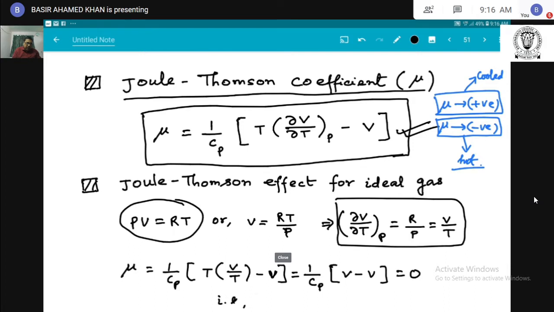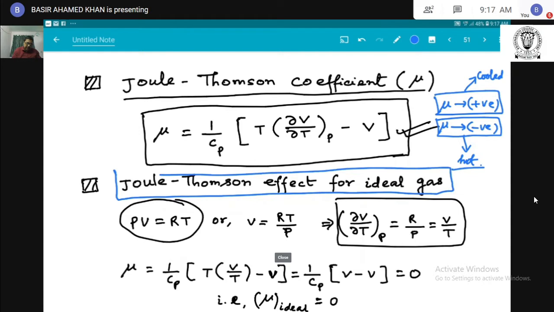The Joule-Thomson coefficient mu for ideal gas becomes equal to 0. Thus, an ideal gas does not exhibit temperature change in jet expansion. There will be no change of temperature in the Joule-Thomson porous plug experiment. So this is the Joule-Thomson effect for ideal gas: mu for ideal gas equals 0.